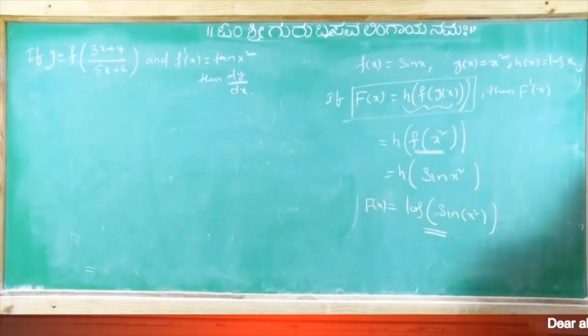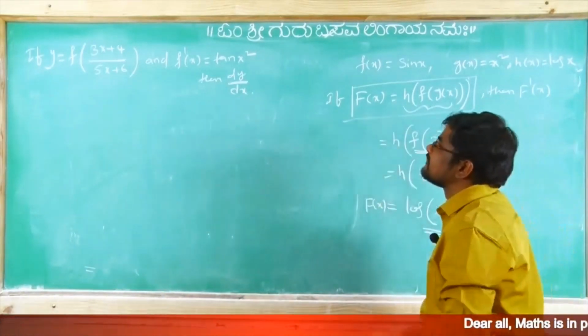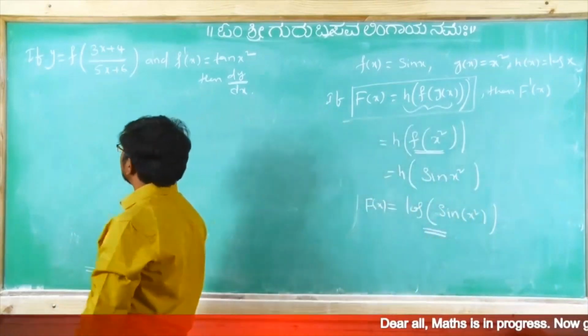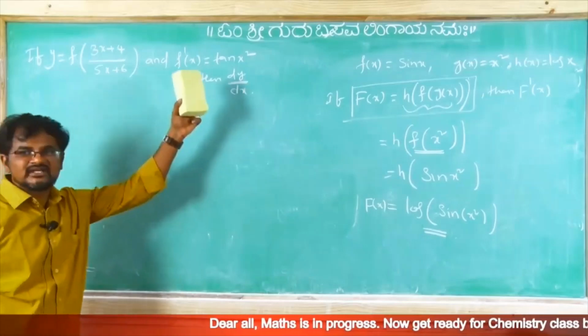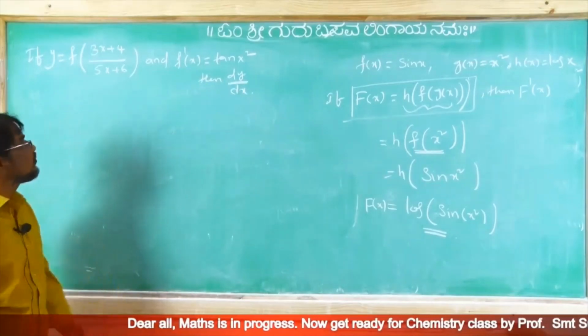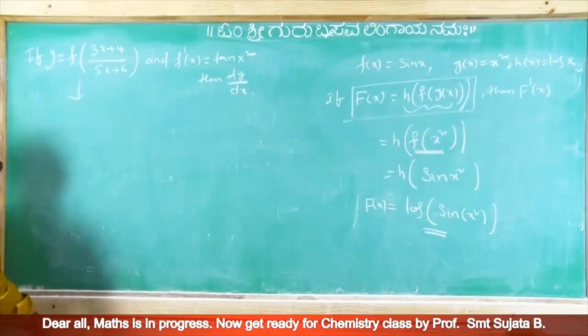See this one. y equals f of 3x plus 4 by 5x plus 6, and f dash of x equals tan x square, then dy by dx. How to do? This is the y they have given.